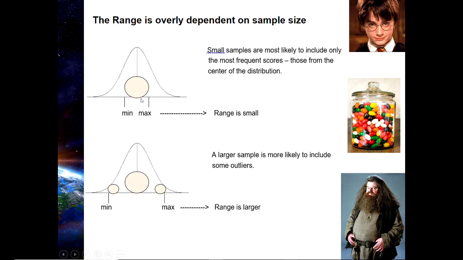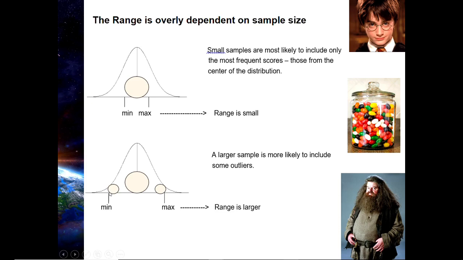You probably won't get any outliers. But what if you do take a larger sample? What if you get Hagrid to do your sampling for you? Well, it's still going to be the case that most of the numbers in your sample are from the middle of the distribution, the more frequent numbers. But with Hagrid doing your sampling with his large hands, he is likely to pick up outliers.